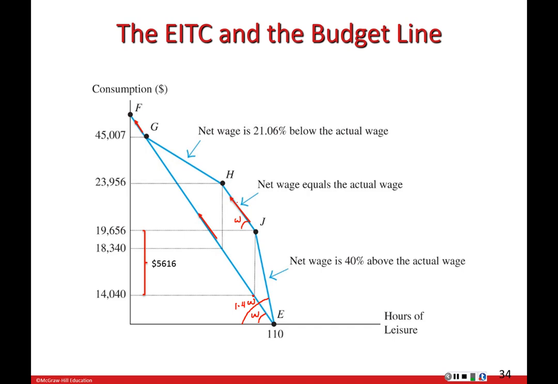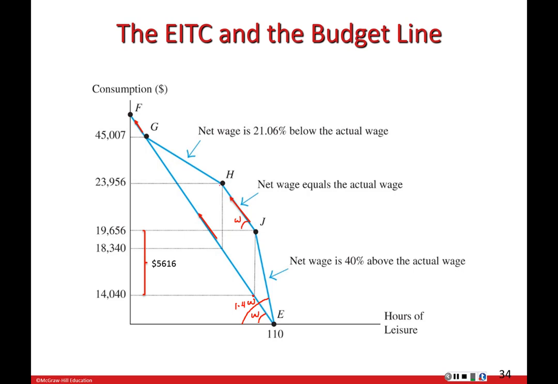So this section of the budget line is parallel to the original budget line that describes the household's earned income. Right? And this state of affairs continues until earned income is 18,340.